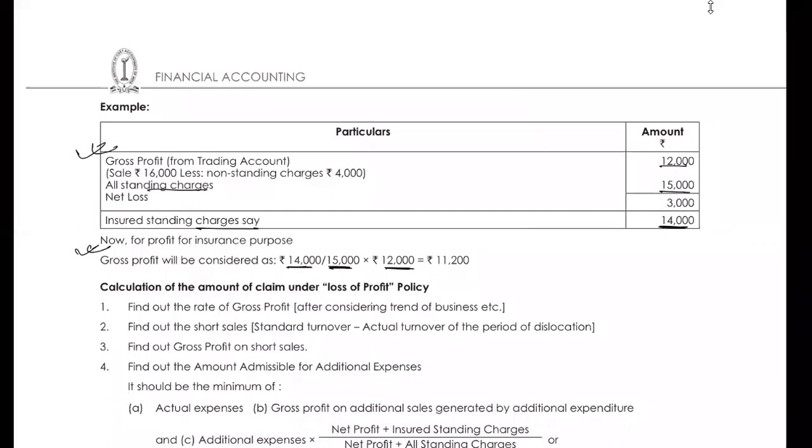Insured by uninsured into the gross profit that has occurred. We'll get the gross profit by taking this example. But what I have directly shown you is a net profit formula.